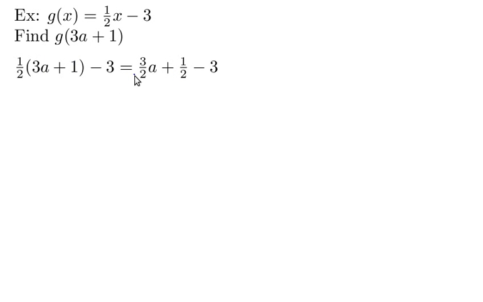Okay, well, this 3 halves a can't be simplified any further, but these two can. So 1/2 minus 3 is going to be the same thing as 1/2 minus 6 halves, which is going to be negative 5 halves.